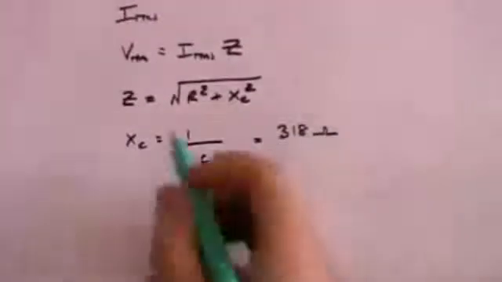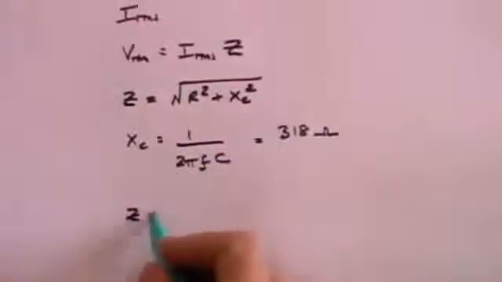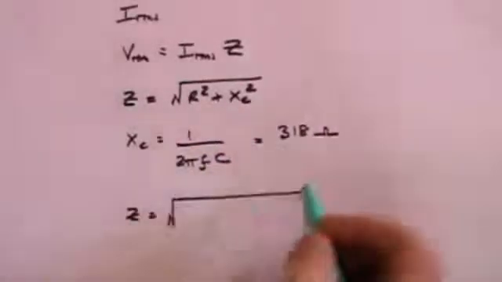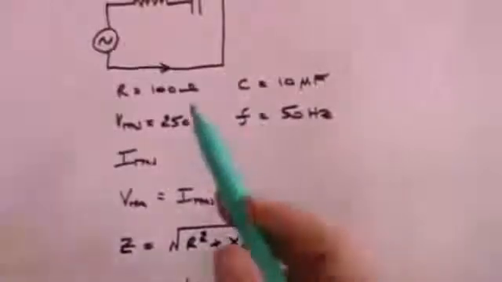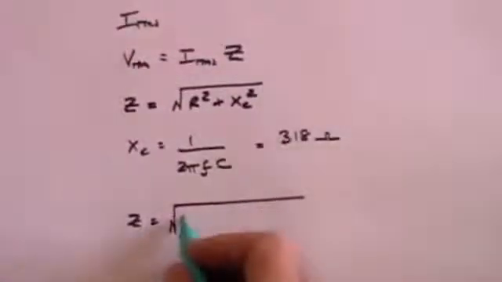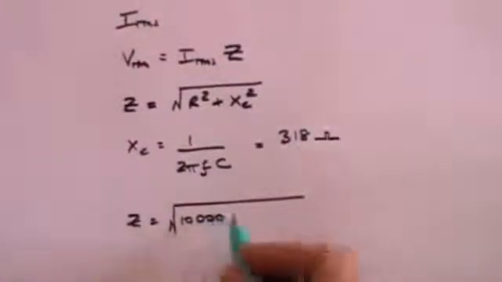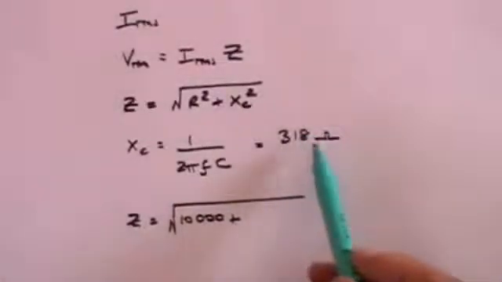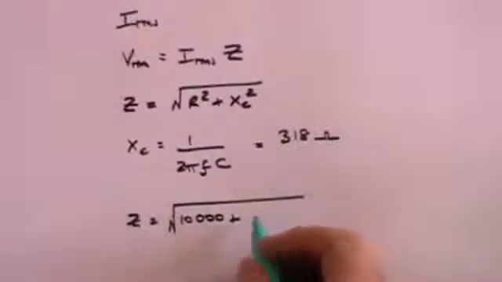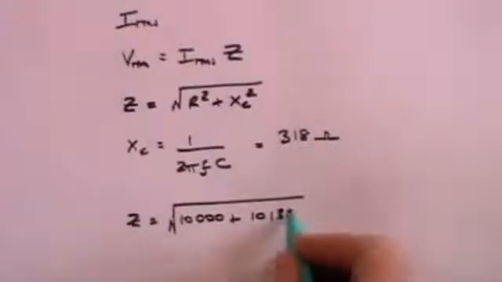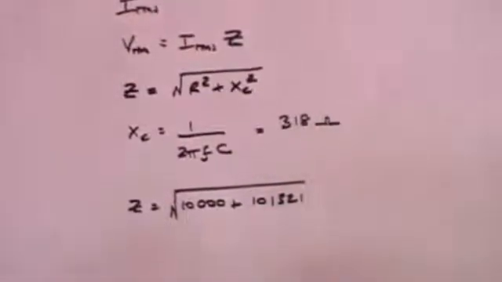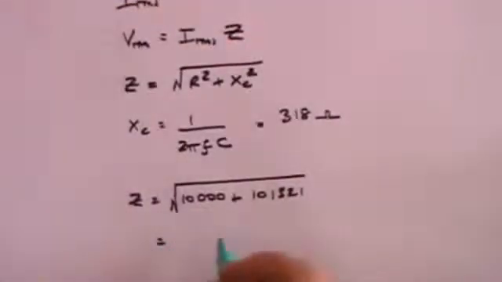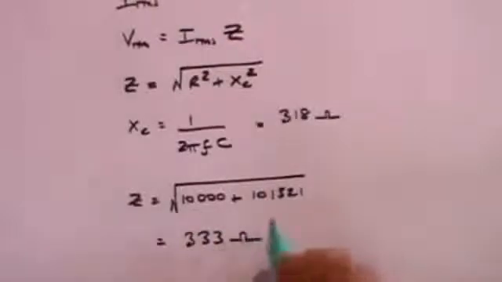And then Z, using this formula here, will equal the square root of R squared. R, remember, was 100 ohms, so R squared is 10,000, plus 318 squared, which will be 101,321 approximately. And if you take the square root of that, you should get 333 ohms.